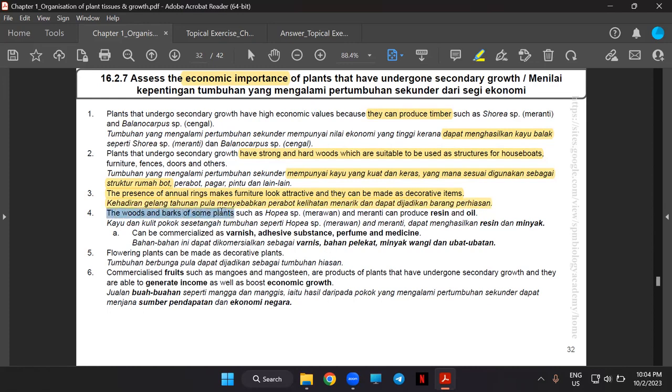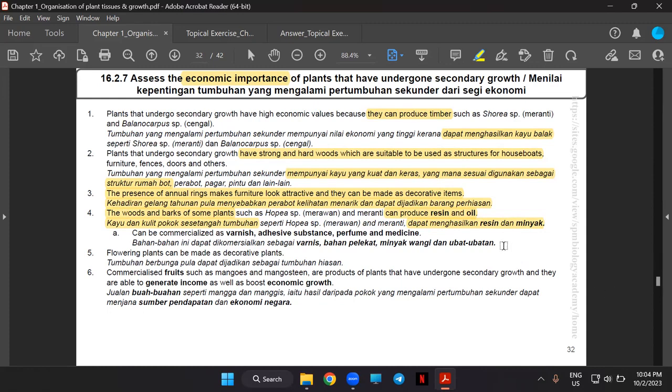The wood and bark of some plants can produce resin and oil. Kayu dan kulit pokok sesetengah tumbuhan dapat menghasilkan resin dan minyak pun boleh. Dapat markah ketiga. So number 1 and number 2, you choose either one. You can go for number 5, you can go for number 6 as well. Up to you.